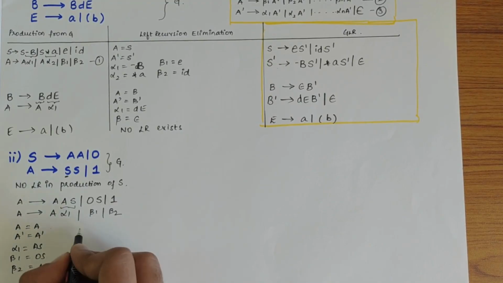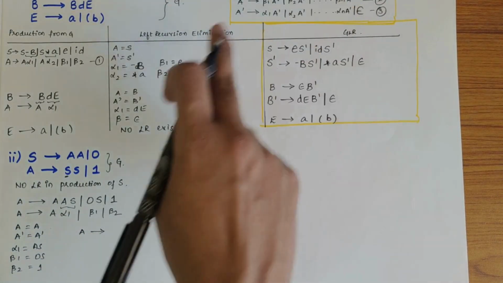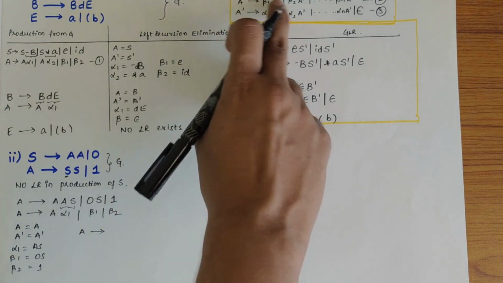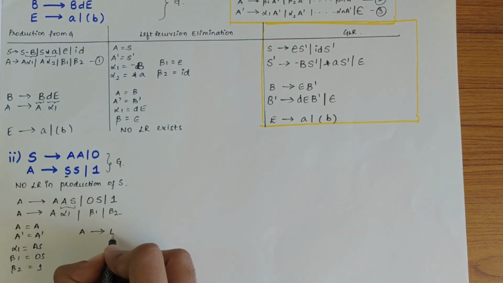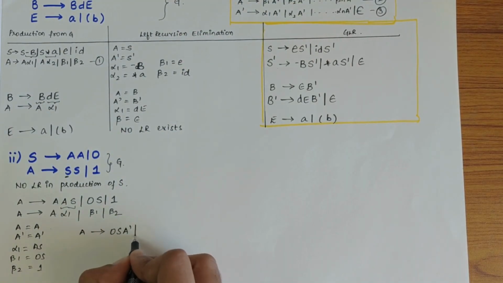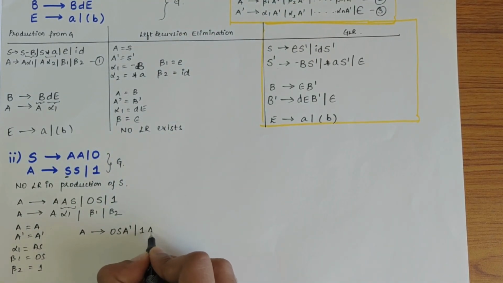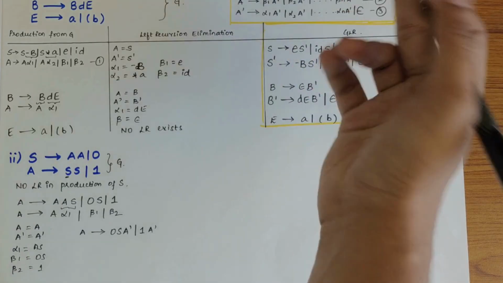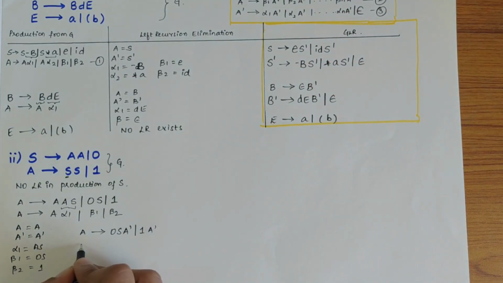So we can write the second equation: A derives beta 1 A dash, beta 1 is 0S A dash, and beta 2 A dash, beta 2 is 1 A dash, and beta 3 is not there. So this is our second equation.